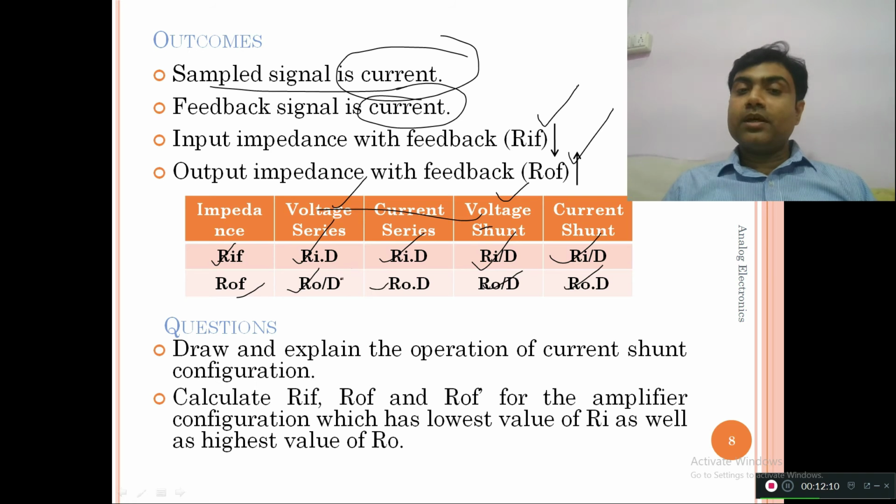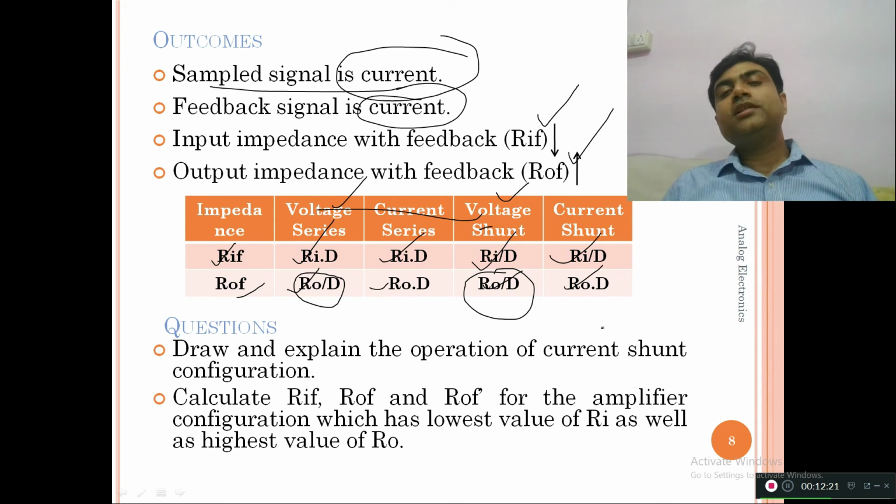When I am sampling the voltage, you can see this is RO upon D and this is RO upon D. So when you sample the voltage, the output impedance with feedback decreases, and when you sample the current, the output impedance is going to be increased, current series and current shunt. So when we sample the current, the output impedance is increased, and when we sample the voltage, the output impedance is decreased.